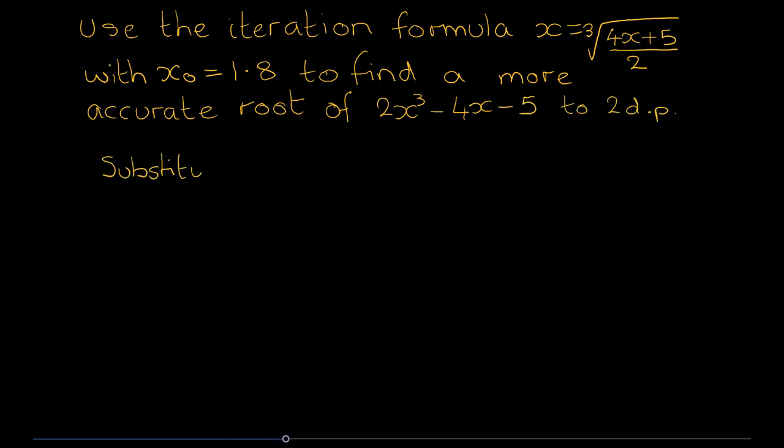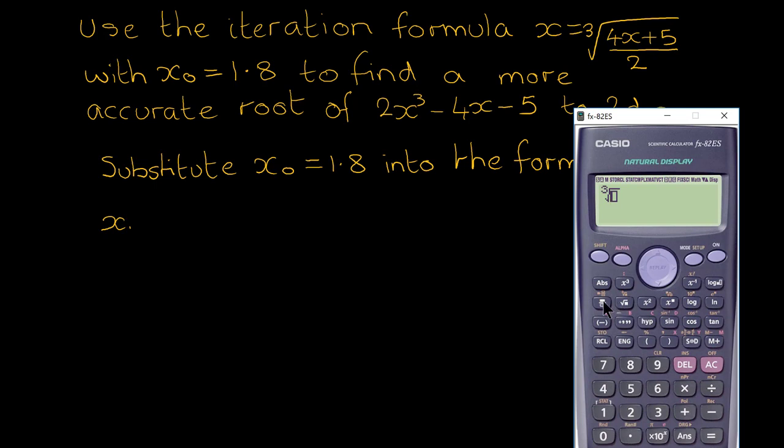Start by substituting x0 equals 1.8 into the formula. We want 4 times 1.8 plus 5 over 2. This equals 1.82716. I'm just going to take the first 5 digits.